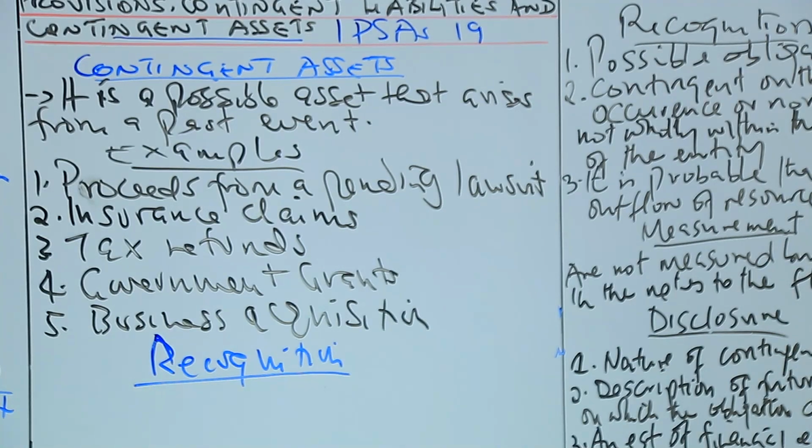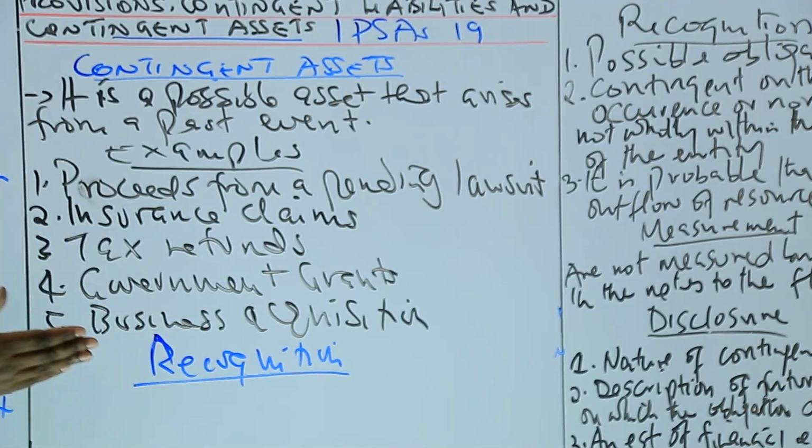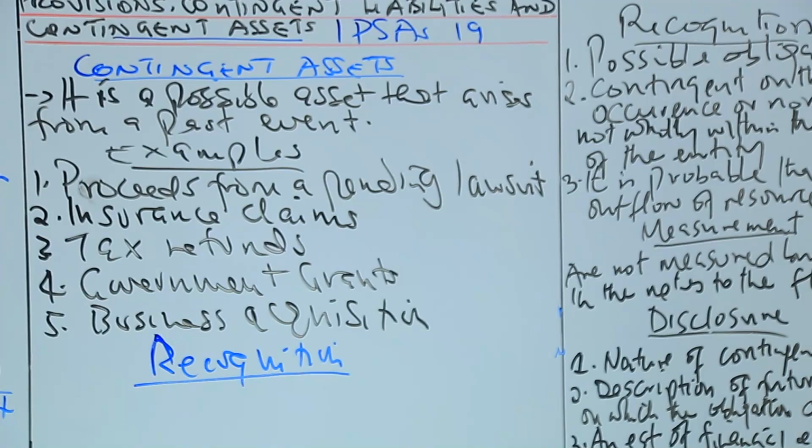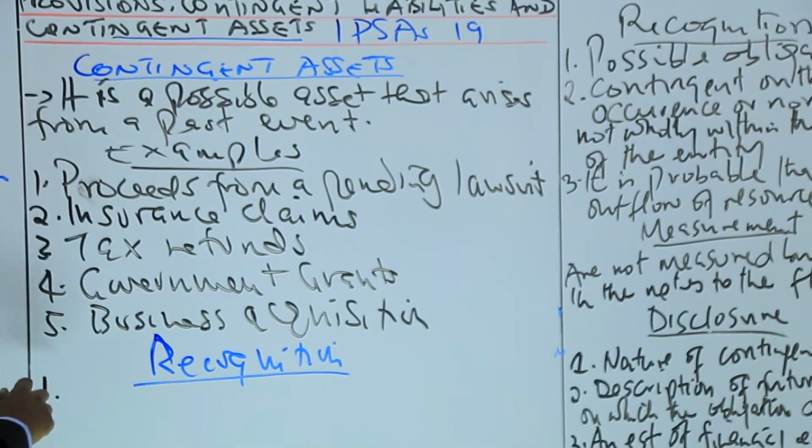Just like the contingent liabilities, there is a criteria, or what we may refer to as conditions. And the first criteria is that the entity should have a possible asset that arises from a past event.